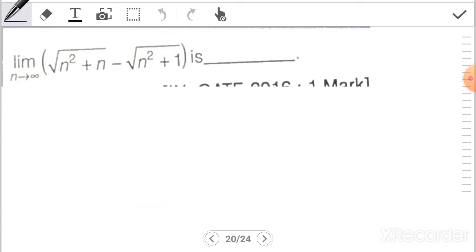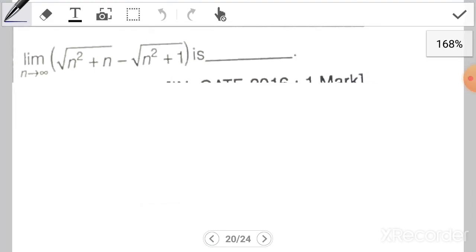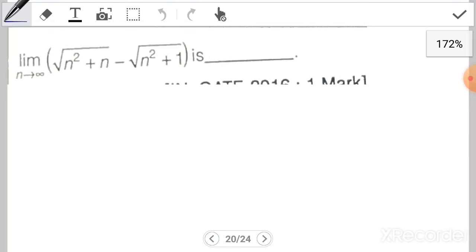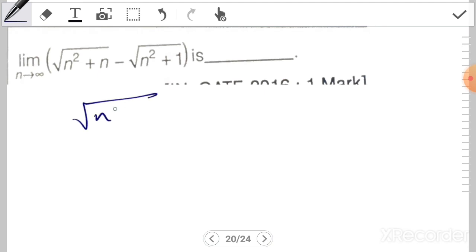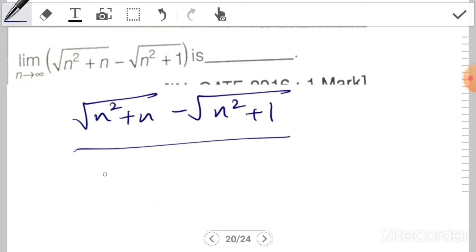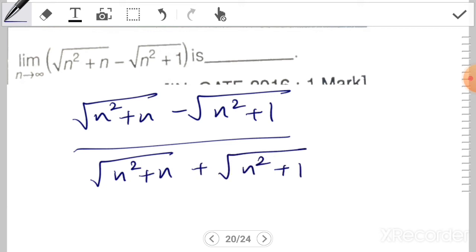In order to remove this root and simplify, what we can do is multiply and divide by root n square plus n plus root n square plus 1, in the numerator and denominator.